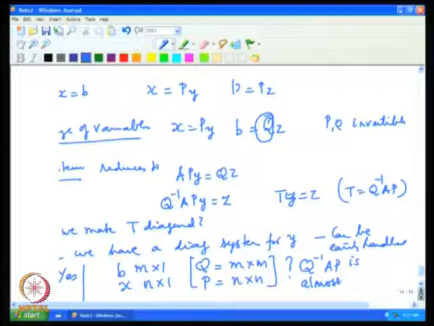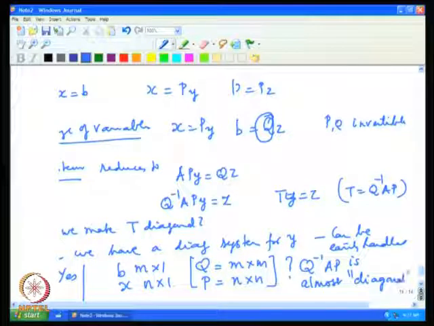We can't ask that now, because A is rectangular, Q is m by m, P is n by n, and the resultant will be an m by n matrix. We can't talk about diagonalizability of a rectangular matrix. We would like to ask something like almost diagonal. The idea of what this almost diagonal means leads to the notion of singular value decomposition.